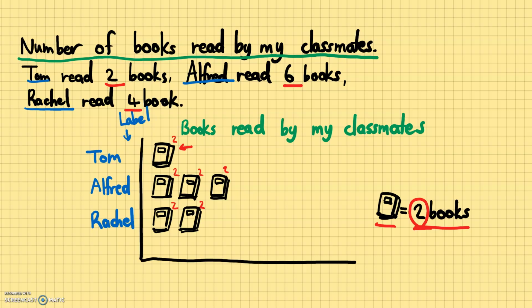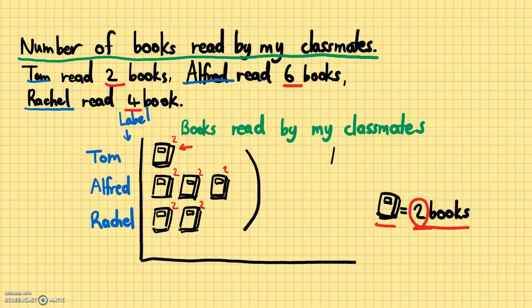So this is how you would draw a pictograph. Now, a few rules about drawing a pictograph. Make sure you are using the same picture for all of these. Okay, so I've used the same picture here.